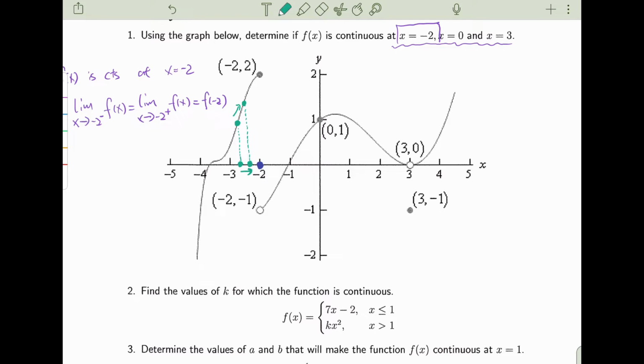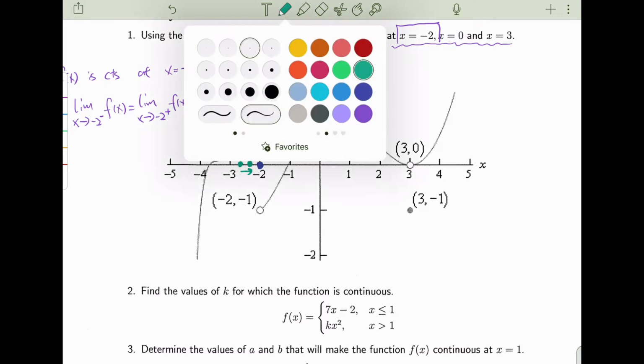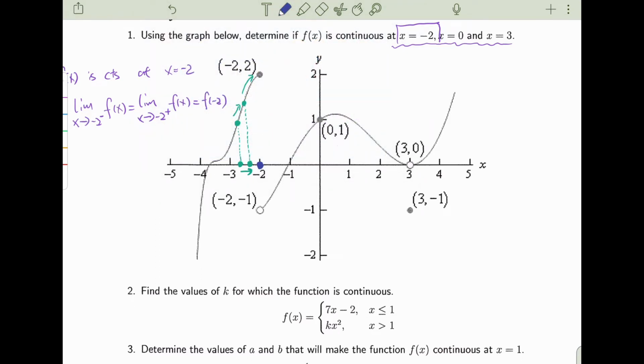Then where does that green point go on the curve? It's gonna go here, right? All the way to this solid point here. I will denote that by the orange point. Right? So this process is how the x is approaching -2.